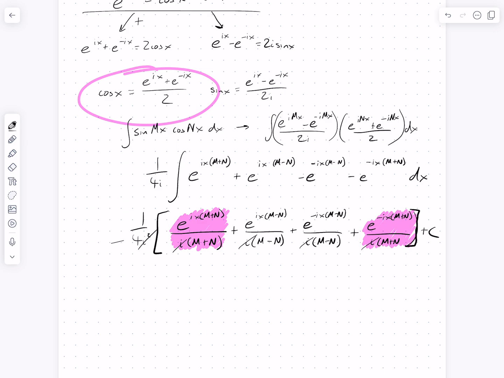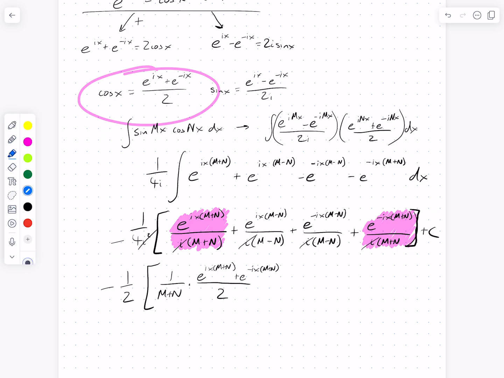Okay, so regrouping here. We've got a negative 1 over 2 because I need to steal a 2 for the denominator. Both of those pink ones, I'm colorblind, have m plus n. So I'm stealing this 2 right here to get e to the ix m plus n plus e to the negative ix m plus n. Those exponents are the same as each other except negative, so that's the definition of cosine.